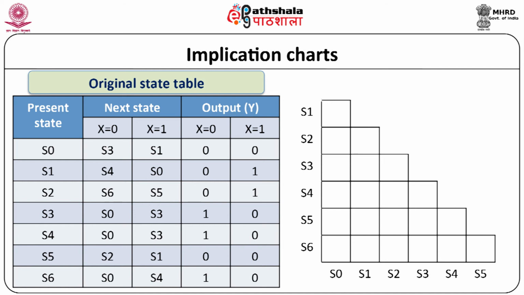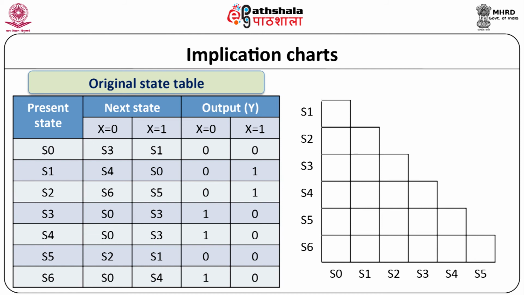The implication chart squares are now to be filled in. The square cell defined by the vertical and horizontal intersection should be appropriately filled in. It represents the possibility of state equivalences between the states involved in the intersection.